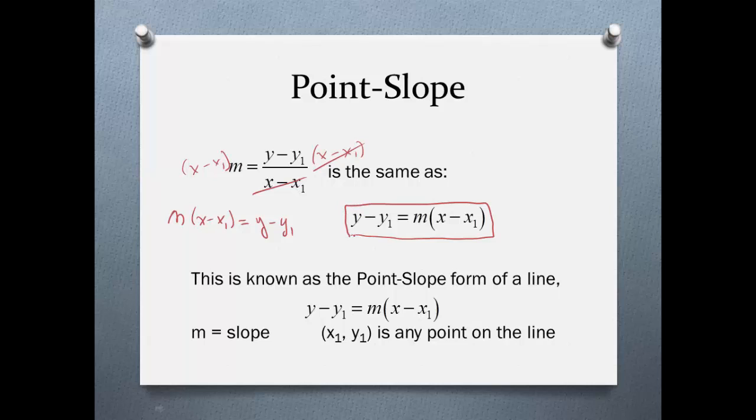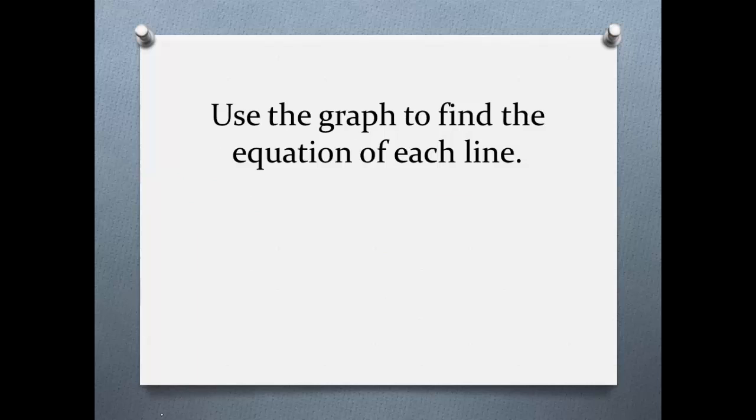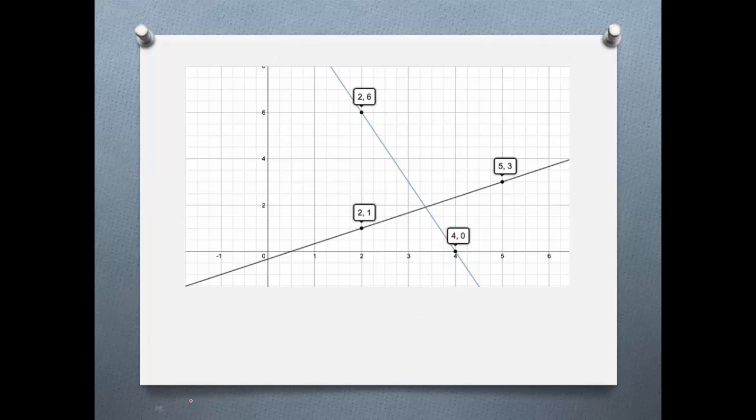The components of it are the slope, which is this number outside of the parentheses, and this point with this y1 and this x1, which is any point on the line. So that's what we're going to use to find the equation of a line. This one says use the graph given to find the equation of each line.